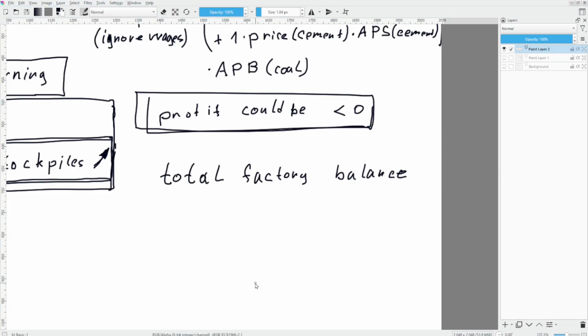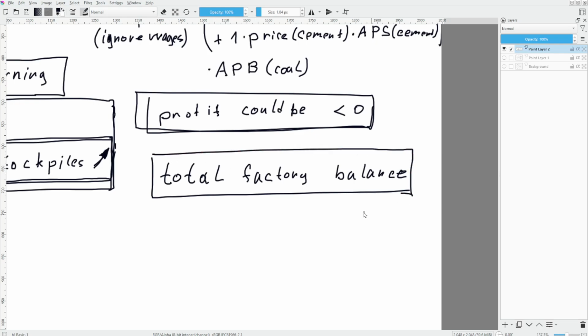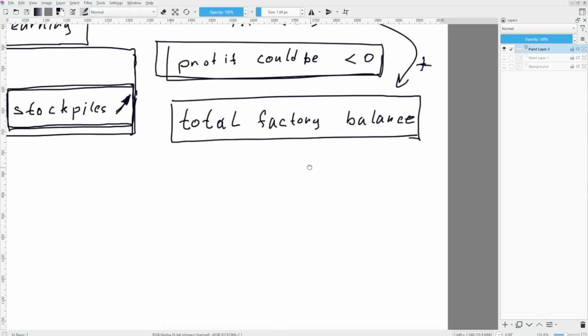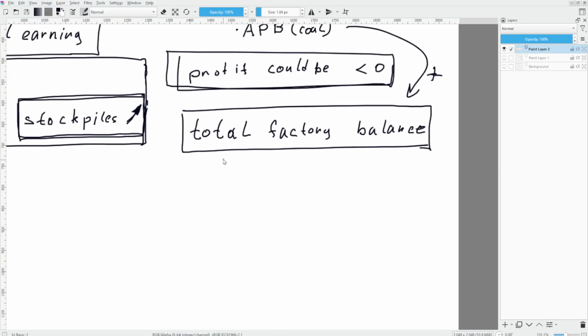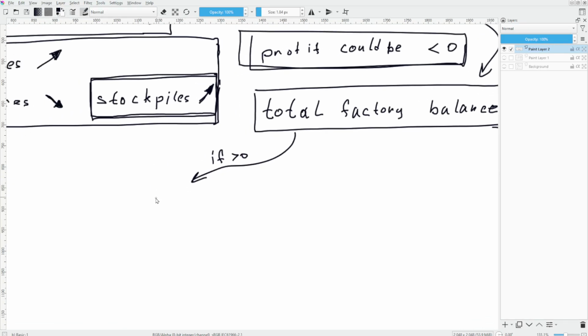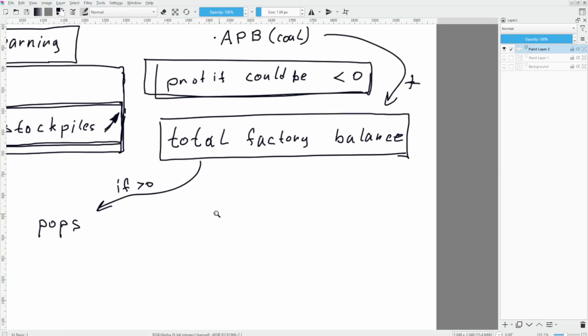And this total factory balance accumulates all profits which were accumulated during a certain period of time, from all factories, and then it distributes this, if this balance is positive, it provides money to POPs, to owners of the factories.